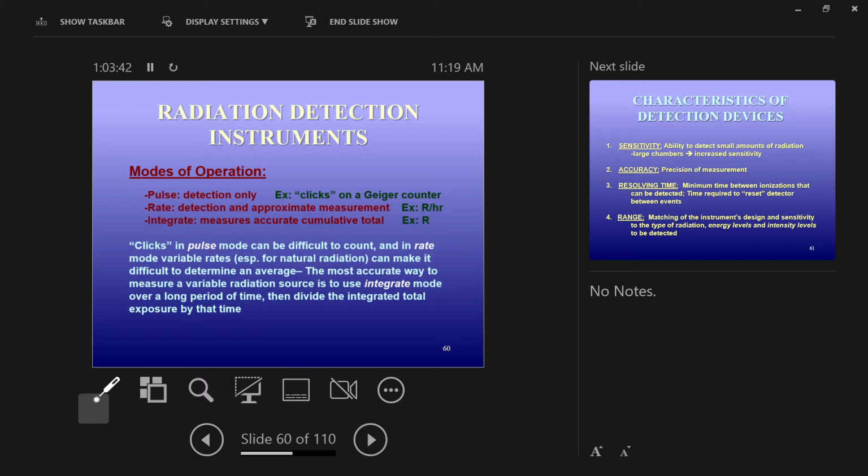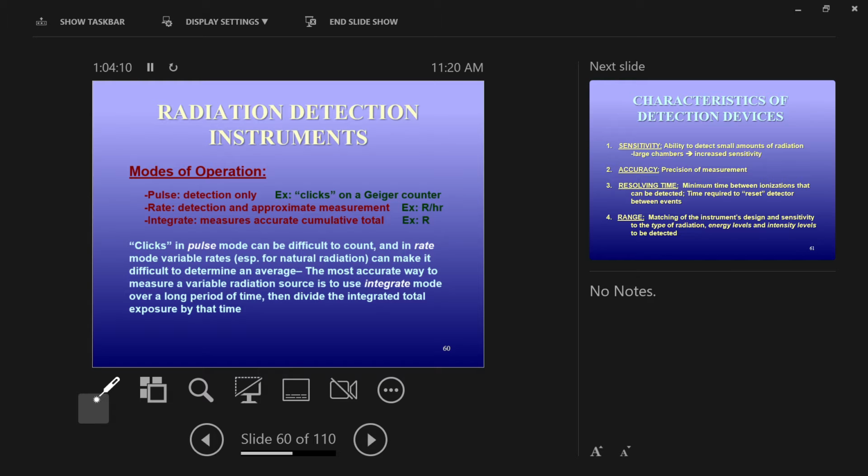If you know what the rate is and you know how long you've measured it for, you can determine what the total is. Okay. So as they say, clicks in pulse mode can be difficult to count, and in rate mode, variable rates such as natural radiation can make it difficult to determine an average.